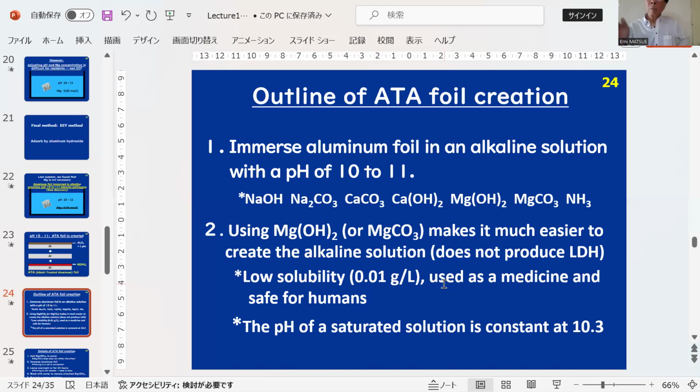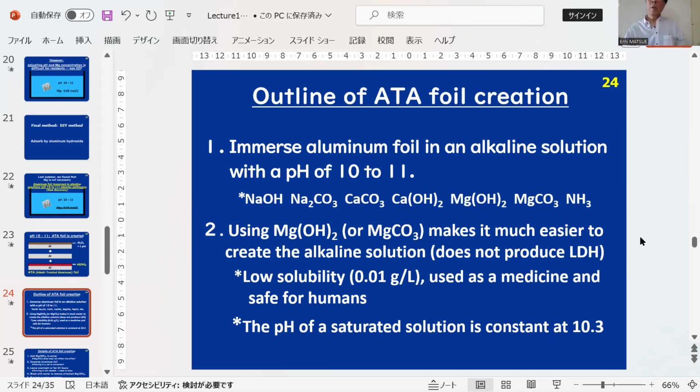It means everybody can create a saturated solution, for example 1 gram per liter or 10 grams per liter. In both suspensions the pH is the same, 10.3.